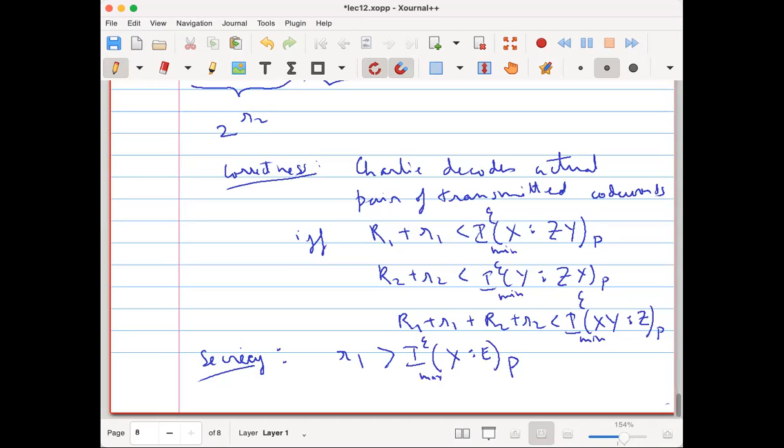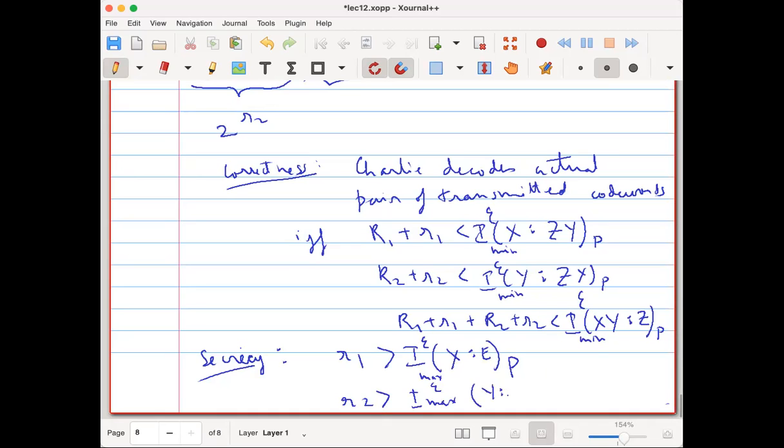So if we completely ignore Bob, and all we require is that Alice's message be secret from E, we require small r1 to be larger than the max mutual information from X to E under the probability distribution. Now, similarly, if we ignore Alice and just concentrate on Bob, we'll get the analogous requirement.